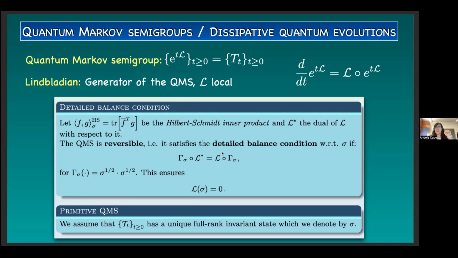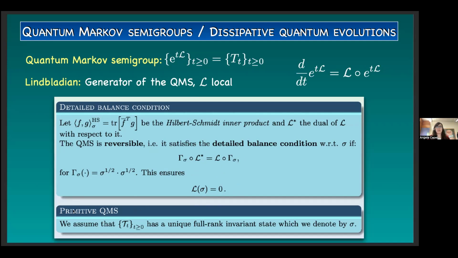This is why the condition is called detailed balance, and it's the natural generalization to the quantum setting of the classical detailed balance condition. If this condition is imposed, what we are ensuring is essentially that if we apply our Lindbladian to this state sigma, then this quantity vanishes.